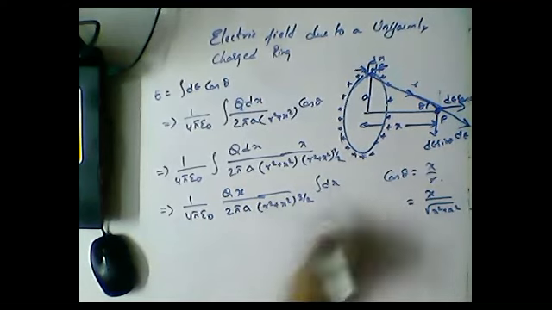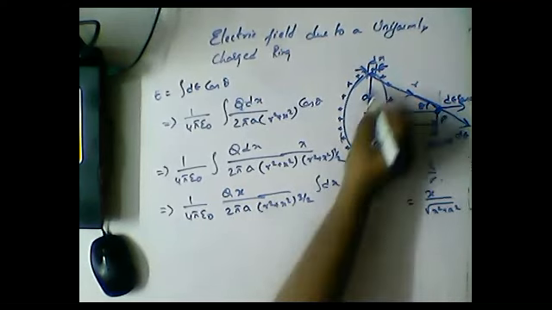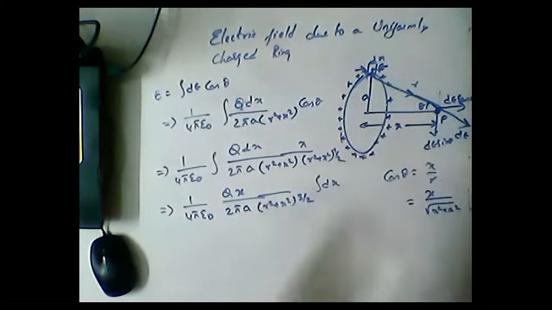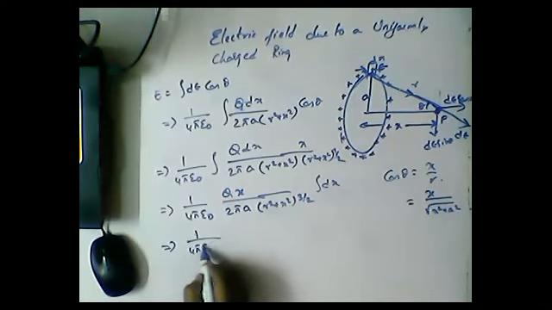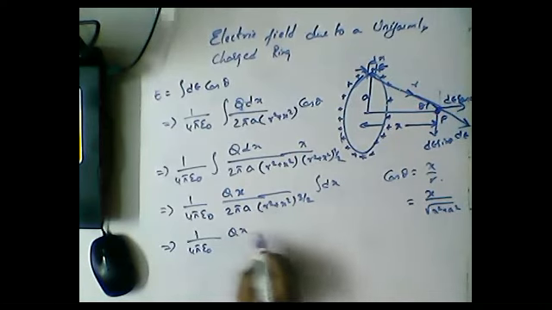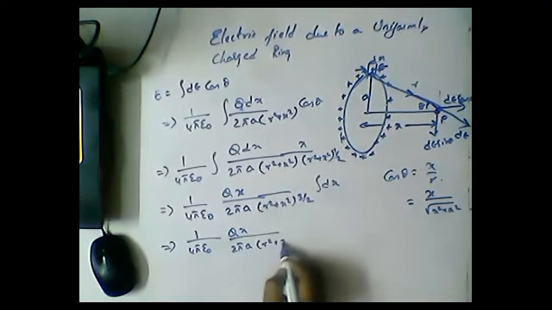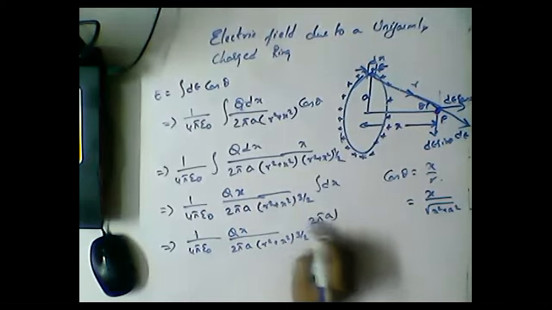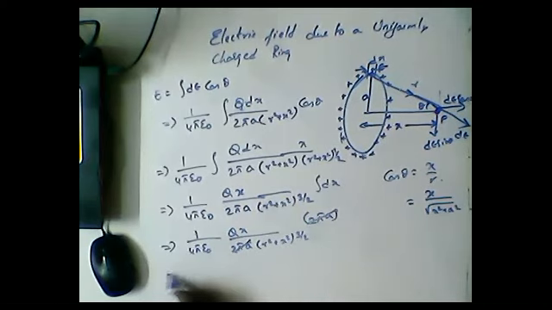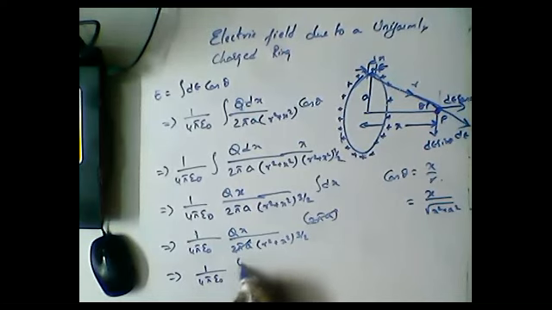If you clearly observe, the integration of dx is 2 pi a, so I can write it as 1 by 4 pi epsilon qx by 2 pi a r square plus x square whole power 3 by 2 into 2 pi a. So this 2 pi a cancels, and what we are left with is 1 by 4 pi epsilon qx by r square plus x square whole power 3 by 2.